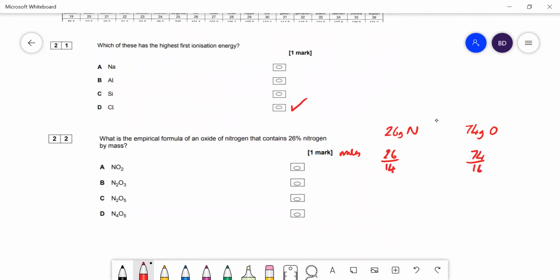That gives us a 1.86 to 4.625 molar ratio. Divide by the smallest number, 1.86, gives us 1 to 2.5. So that's going to be N2O5, that one.